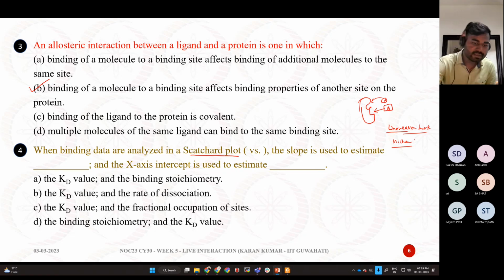Here, KD is nothing but the dissociation constant, and binding stoichiometry is how much binding is happening at this particular binding site. Okay, so now can you tell me what the x-axis intercept will be in the Lineweaver-Burk plot?